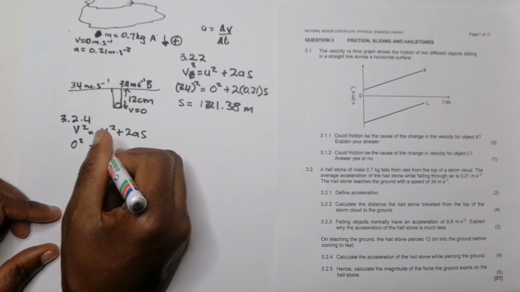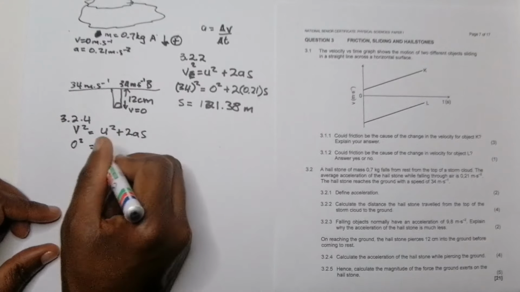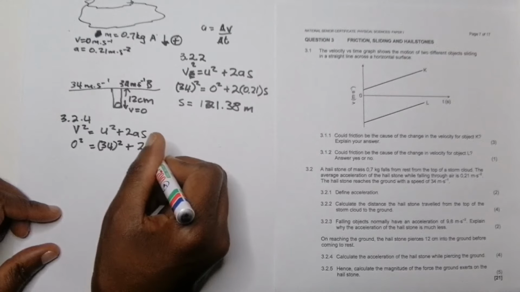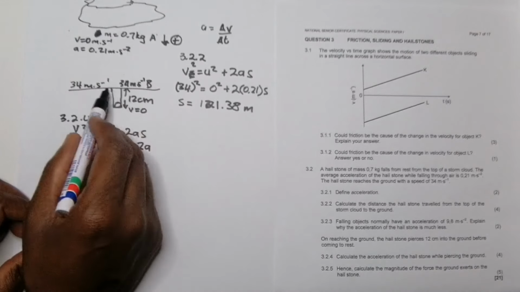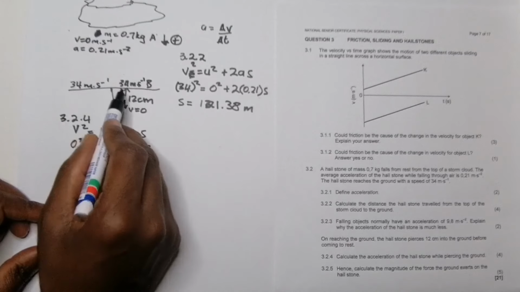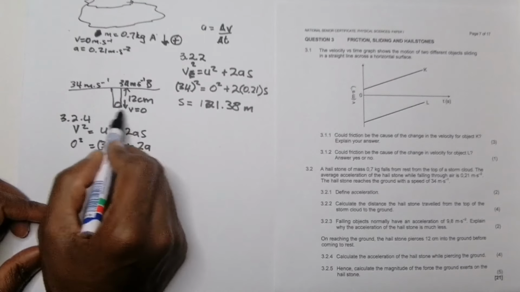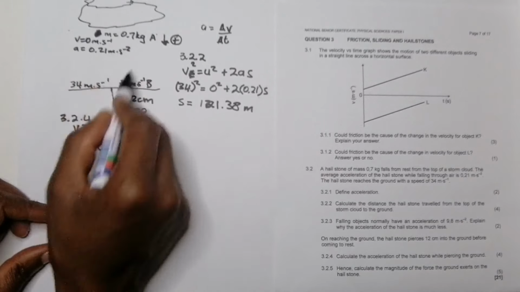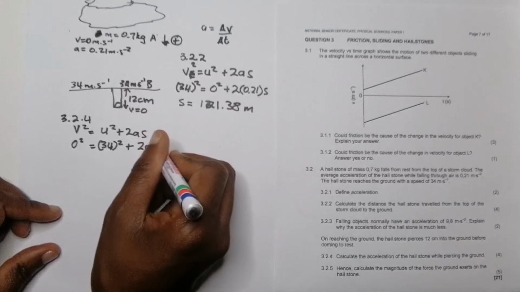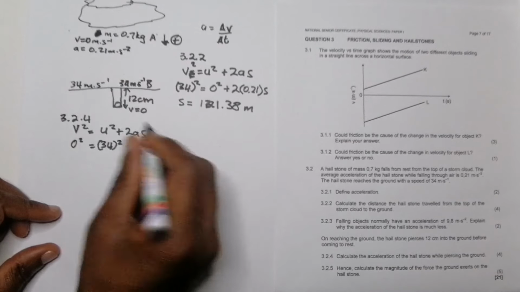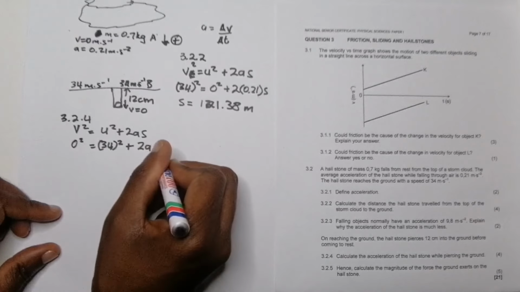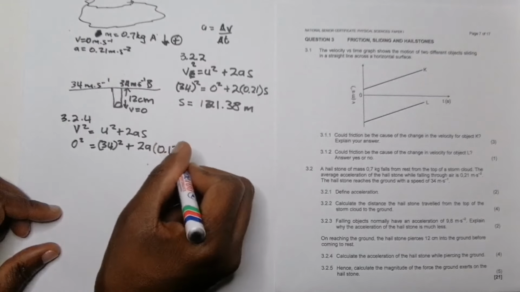Our initial velocity was positive 34, so 34 squared plus 2 times a. Remember, the moment it pierces through the ground, because the ground also exerts a force on the hailstone, it's not going to be the same acceleration as when it was falling. So my distance is 12 centimeters, I divide that by 100, and I get 0.12.